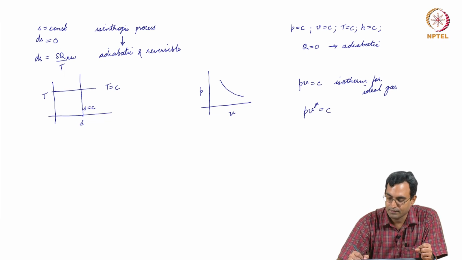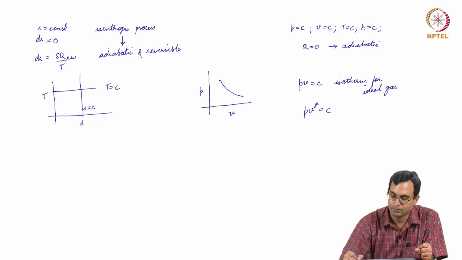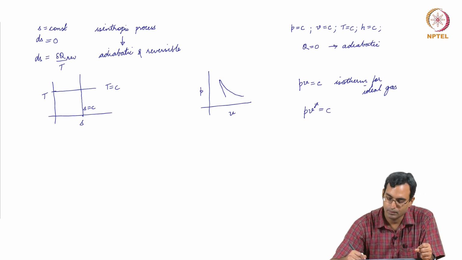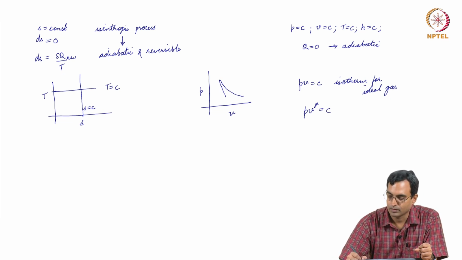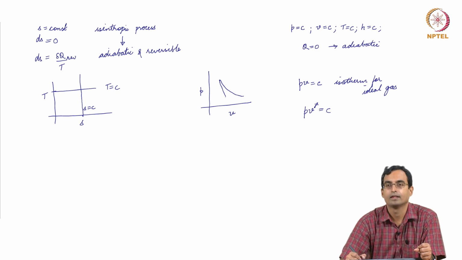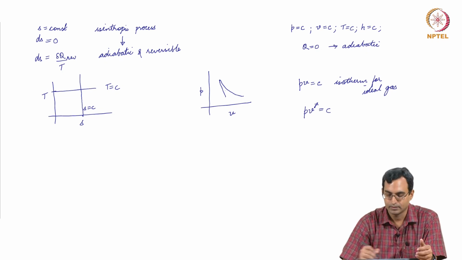So, if I have some point over here, if this is the isotherm, an adiabat will have a steeper slope through this. This is PV equal to constant for an ideal gas, whereas PV to the power gamma would have a higher slope passing through this. So, this would be an adiabatic process. If this process is also reversible, then that is essentially isentropic. This is not a straight line.